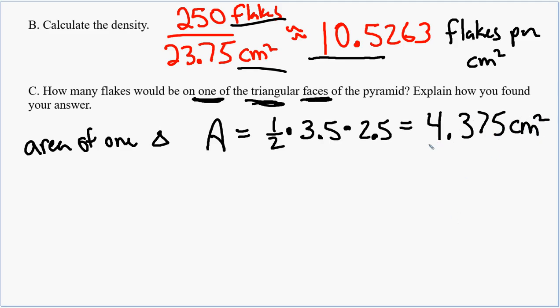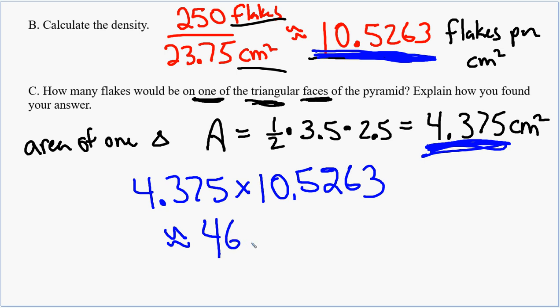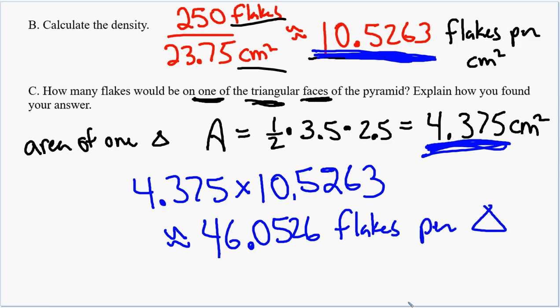So if each triangle has this many square centimeters, and each square centimeter is going to have that many flakes, we're just going to multiply them together. 4.375 multiplied by 10.5263. And that turns out to be approximately 46.0526 flakes per triangular side.